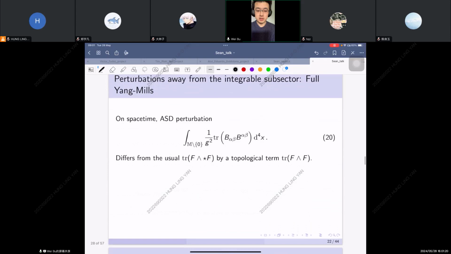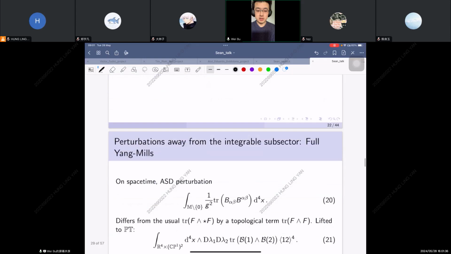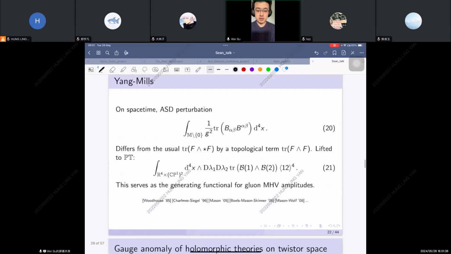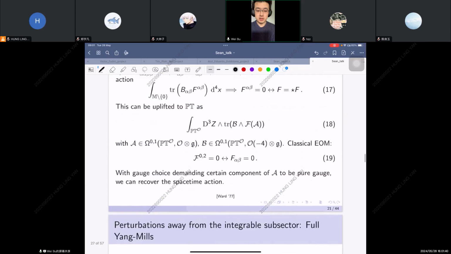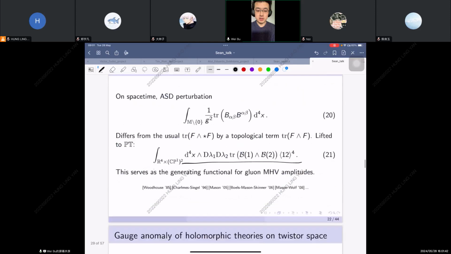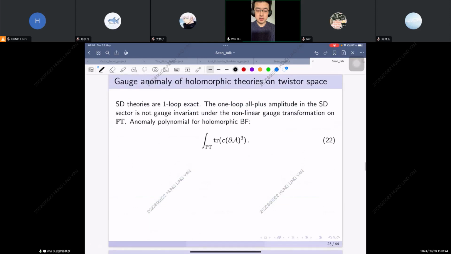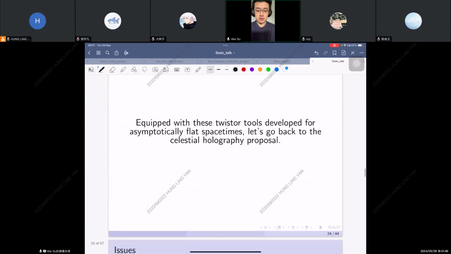So the upshot is that you can write Yang-Mills, Einstein gravity, conformal gravity, scalar, all of these theories on twistor space as an off-shell function. And their equation of motion enforces the fact that on twistor space your fields are in some H01. So these are the sorts of twistor actions you would be considering. And okay, I'll skip this.